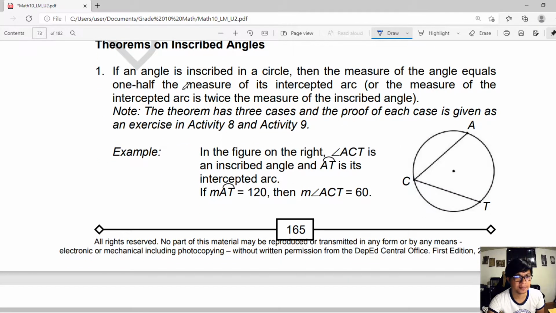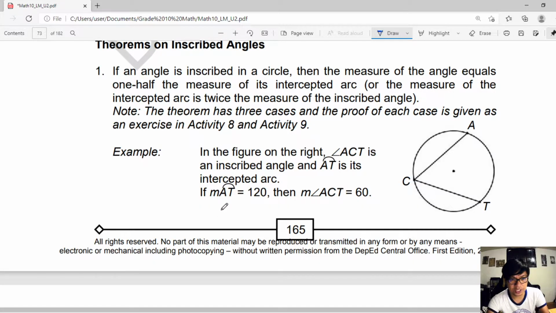Theorem number 1. If an angle is inscribed in a circle, then the measure of the angle equals 1/2 of the measure of its intercepted arc, or in reverse, the measure of the intercepted arc is twice the measure of the inscribed angle. Take for instance, in the figure on the right, angle ACT is an inscribed angle, and arc AT is its intercepted arc.